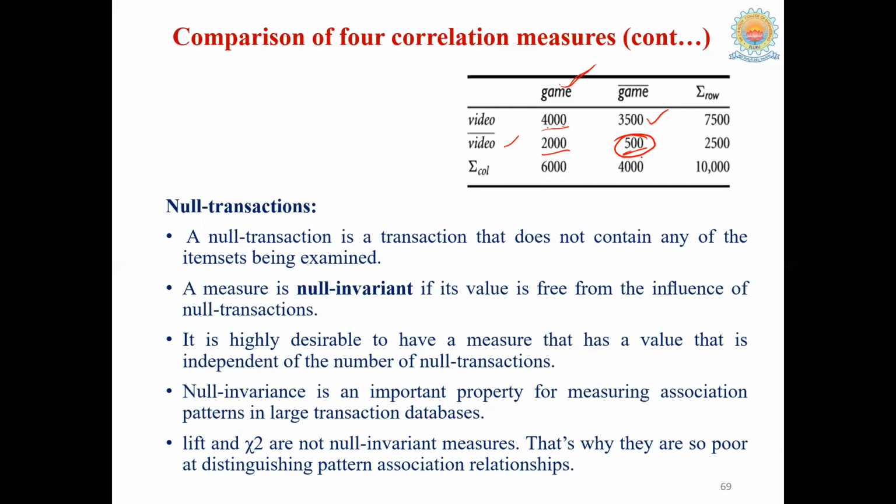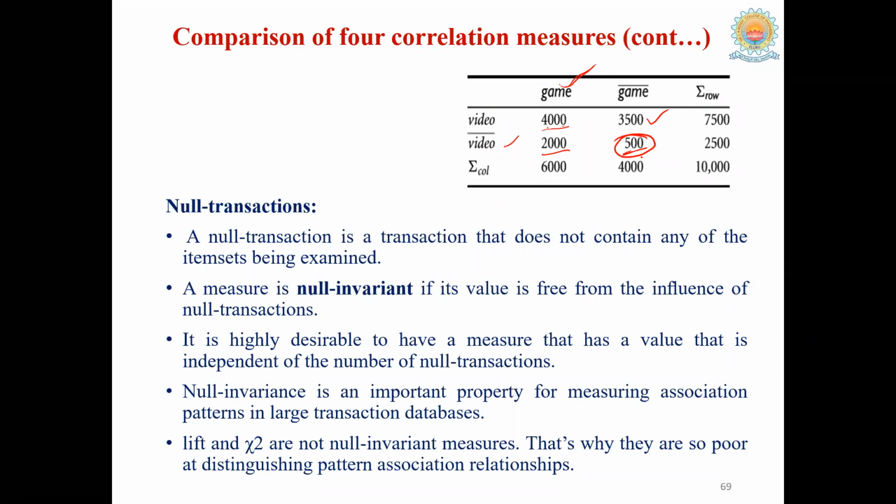If a measure is not influenced by the null transactions, then that measure is called null invariant. If the measure uses that value 500, it is influenced by the number of null transactions. If it is not influenced by the null transactions, then that measure is called null invariant.